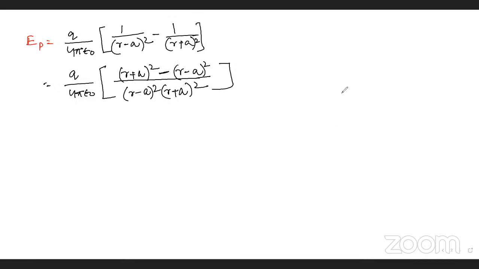It's like 1 by x square minus 1 by y square: the LCM is x square y square, dividing by x square you get y square, minus, dividing by y square you get x square. The same thing is done here. It's just fractional addition. Clear?